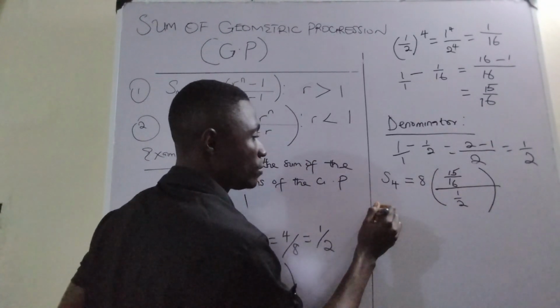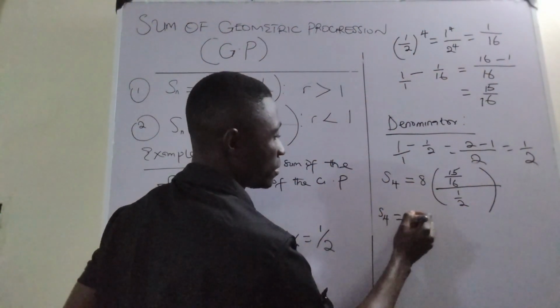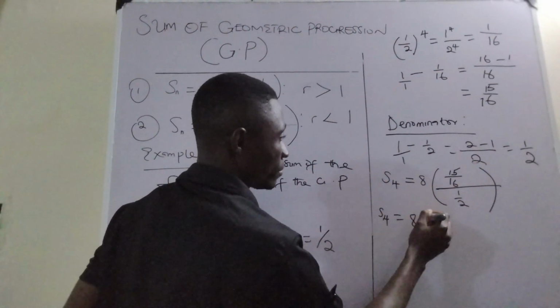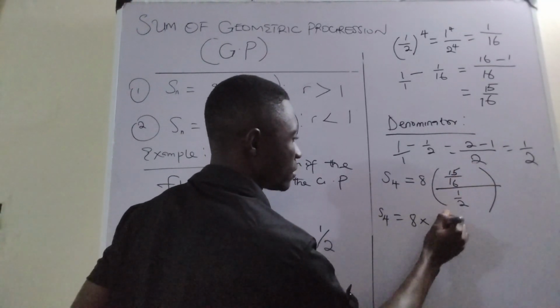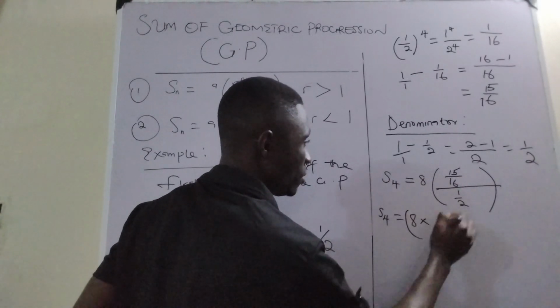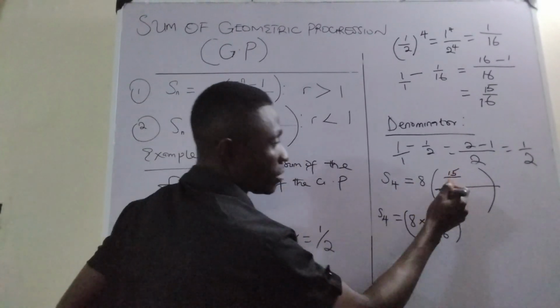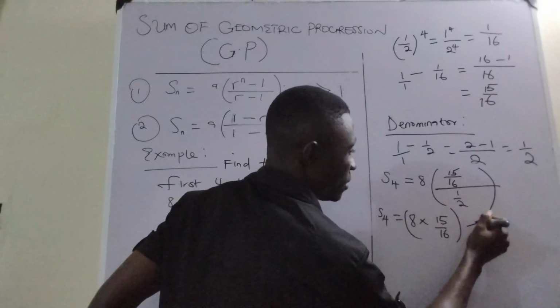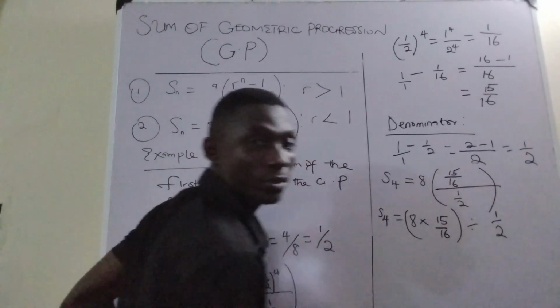So what we'll now do is that our S4, sum of the first 4 terms, is 8 times 15 over 16. This is all the numerator. Then the division sign, we can just say divided by 1 over 2. I hope we are following.